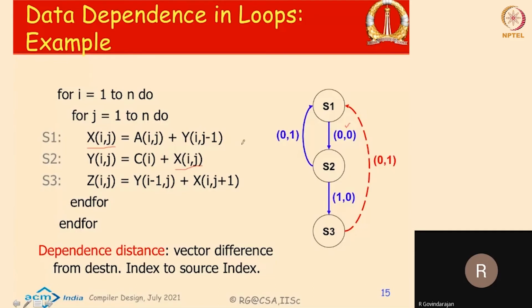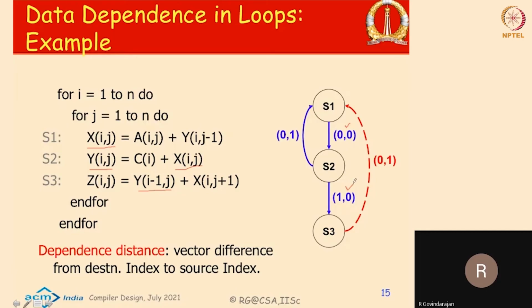Let's now look at this other dependence from S2 to S3, which is over here. Now, S2 produces a value y of ij, in iteration i comma j, and that same value is going to be consumed by S3 in iteration i plus 1 comma j. The distance between i plus 1, j and i, j is 1, 0, and that is this distance vector.